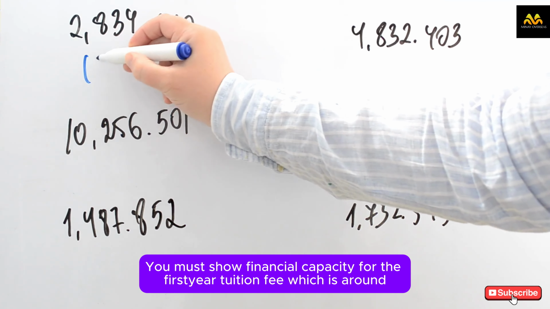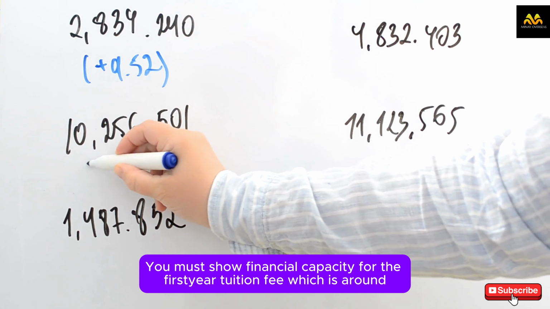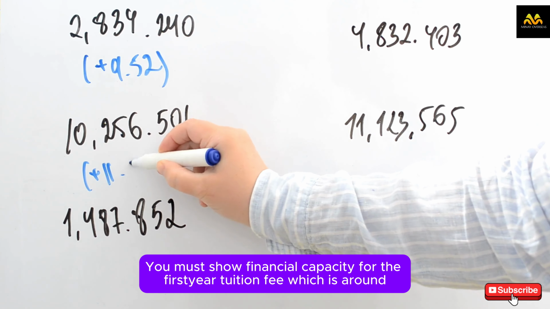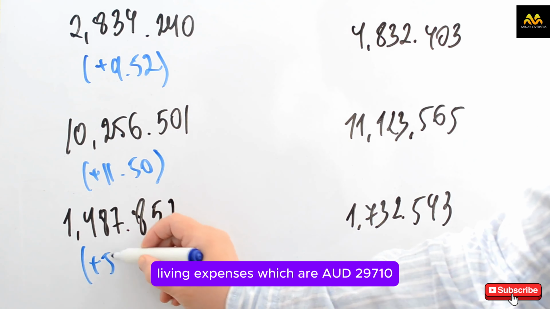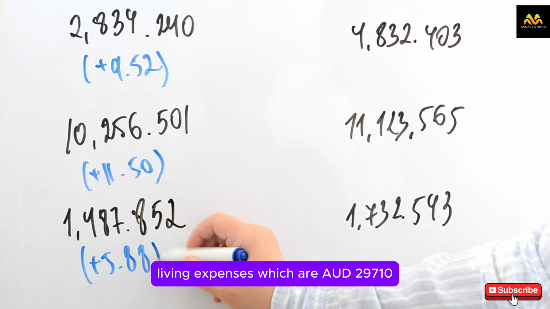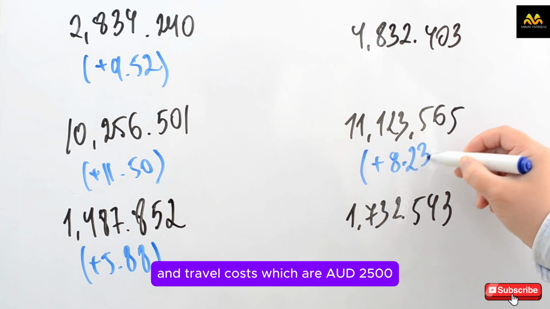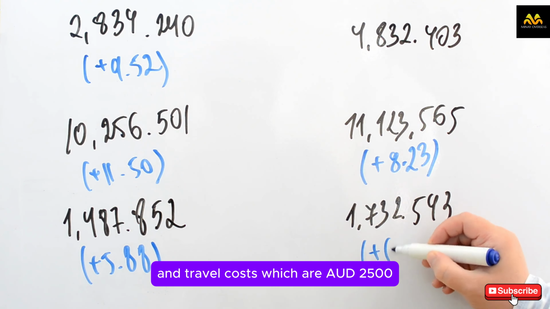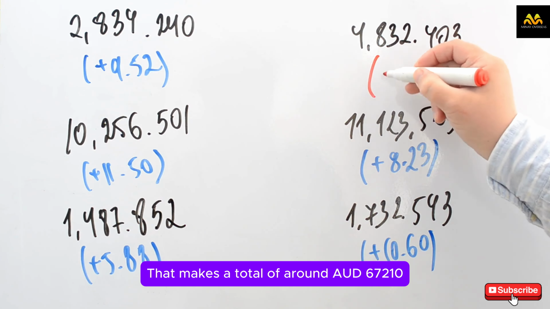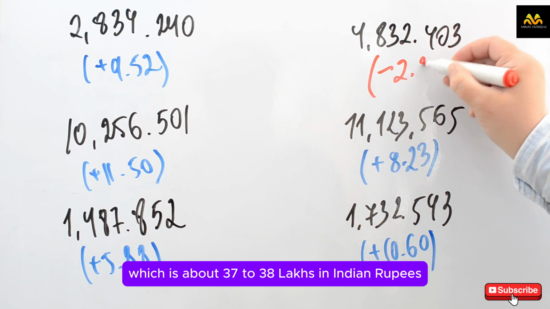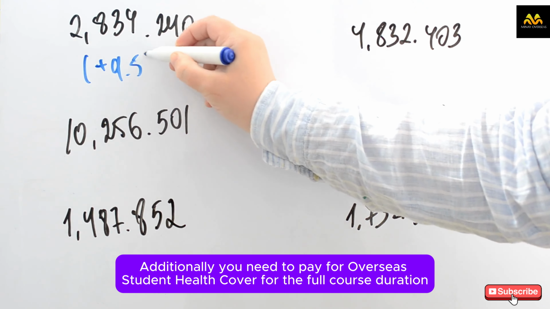You must show financial capacity for the first year tuition fee, which is around AUD 30,000 to 35,000, living expenses, which are AUD 29,710, and travel costs, which are AUD 2,500. That makes a total of around AUD 67,210, which is about 37 to 38 lakhs in Indian rupees.